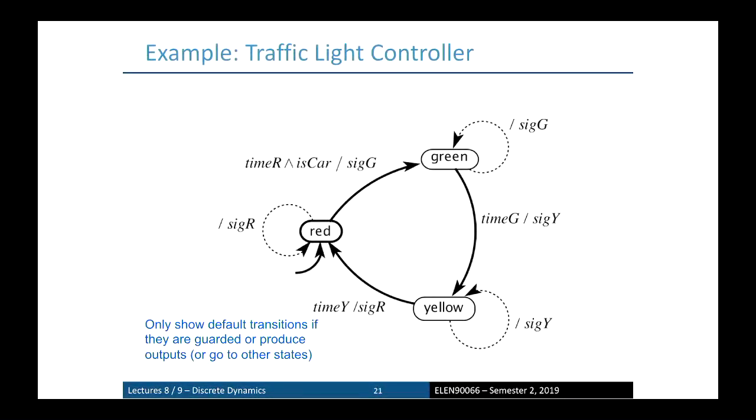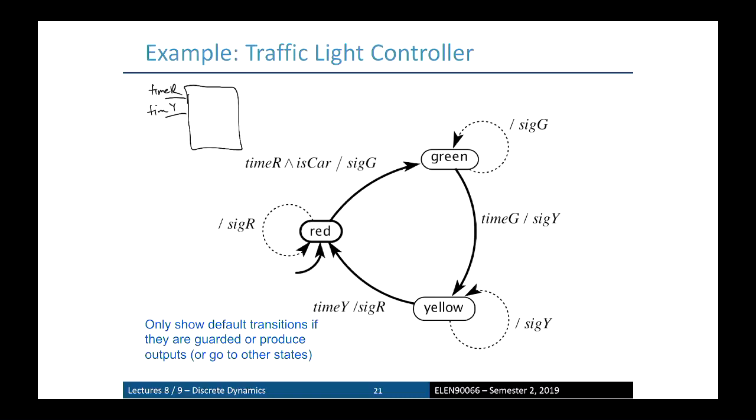All right. So let's have a look at a traffic light controller, something a bit more complicated. This is an example of a model of some system with discrete dynamics that has as inputs time red, then yellow, then green.